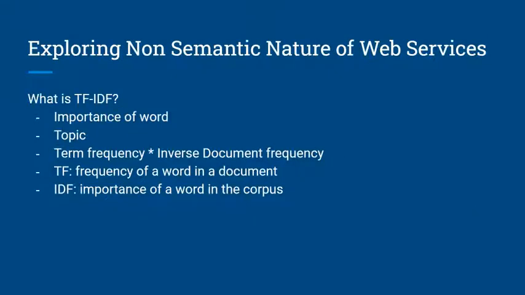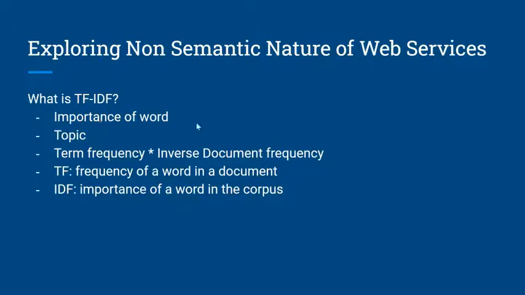So first of all, what is TF-IDF? TF-IDF is a newly advanced statistical method in natural language processing that makes use of the existing corpus, the documents in the corpus, and finds out what are the most prevalent words having high importance in the whole corpus.